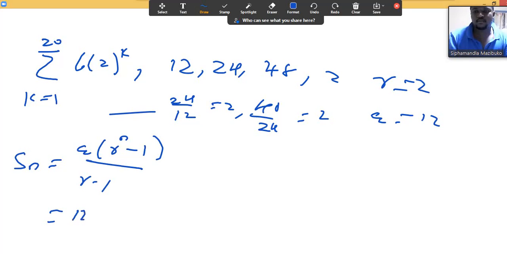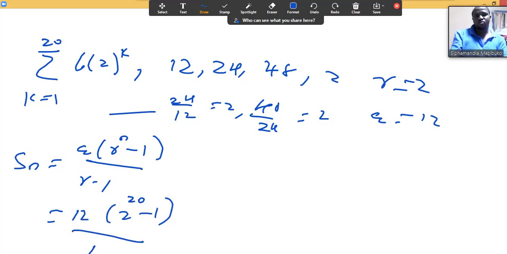This is 12 into 2 to the power 20 minus 1, all over 2 minus 1. So that is what we'll get: 12,582,900. That will be our sum.